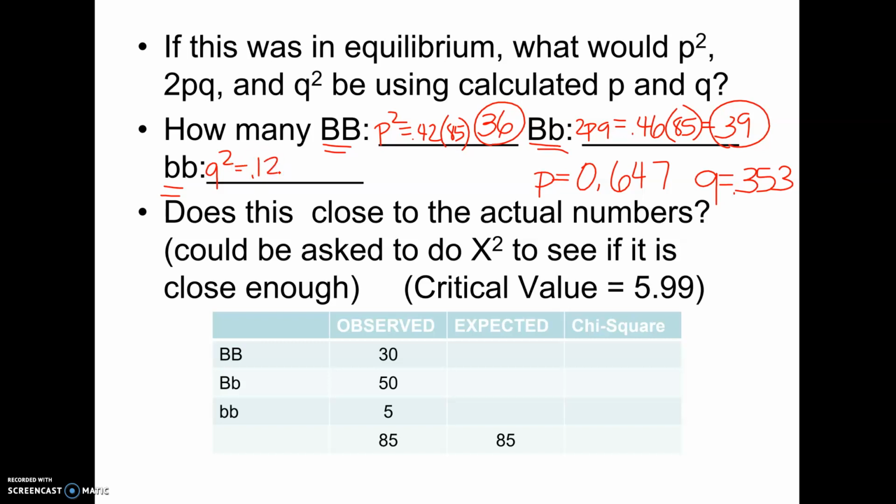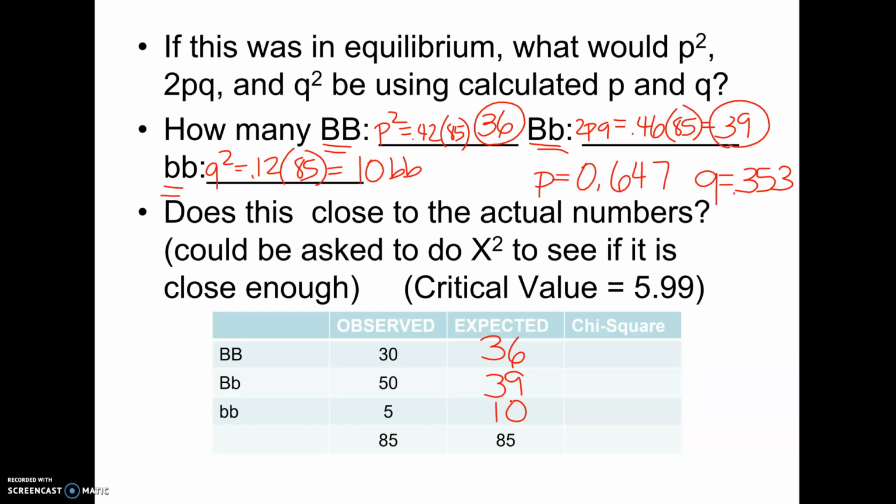And I'm going to multiply that times the 85 in my population, and I'm going to expect 10 to be little b, little b. So these are my expected numbers: 36, 39, and 10. That's how many I expect to be big B, big B; big B, little b; and little b, little b.